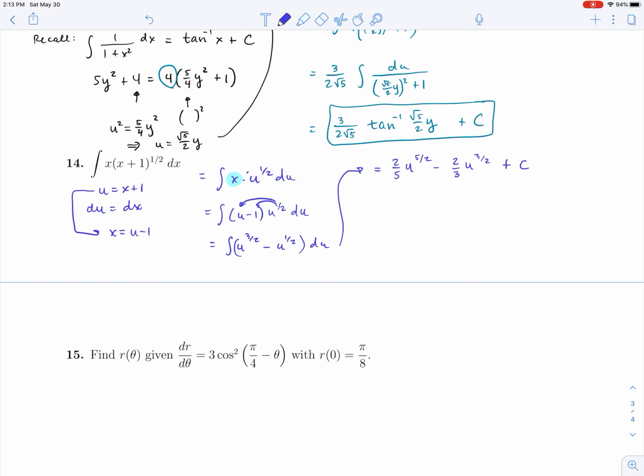And then we need to go back to x, which is u is x plus 1. So we have 2/5 times x plus 1 to the 5/2, which you could write as the square root of x plus 1 raised to the 5th power. But this is good enough. Whoops. X plus 1 to the 3/2 plus c.